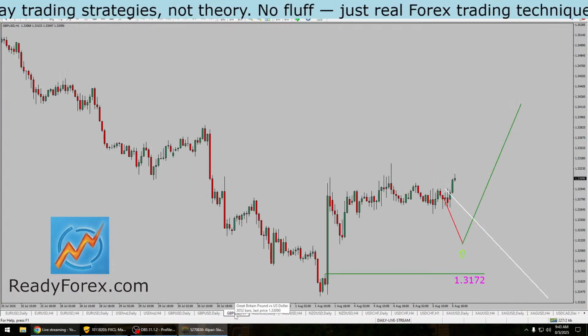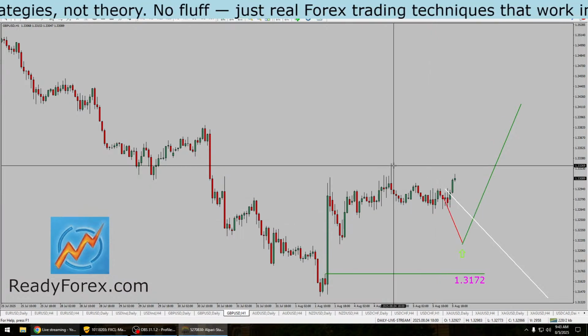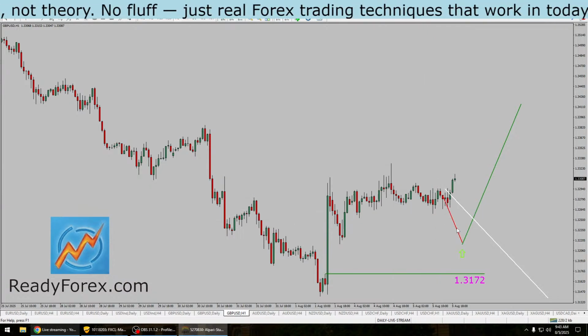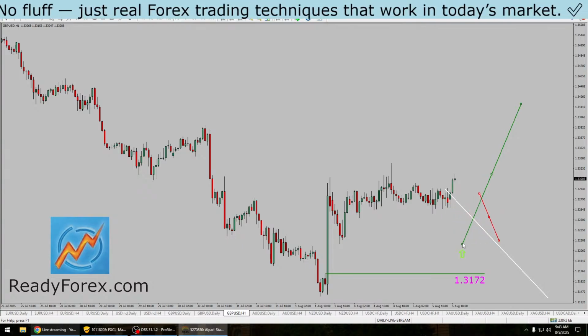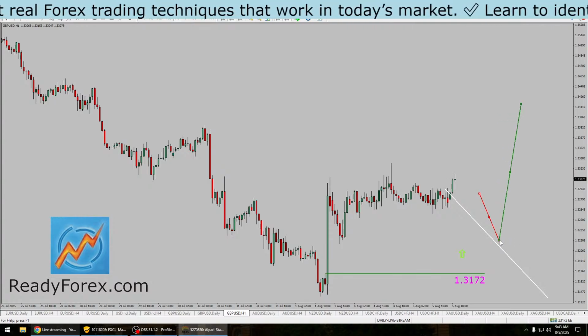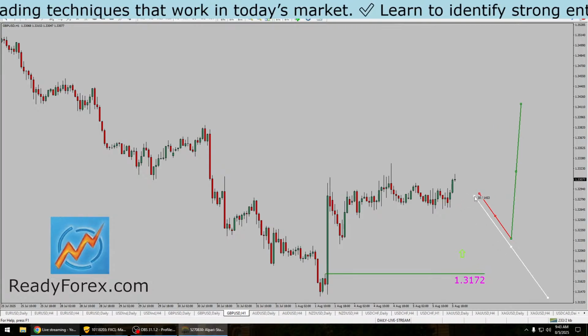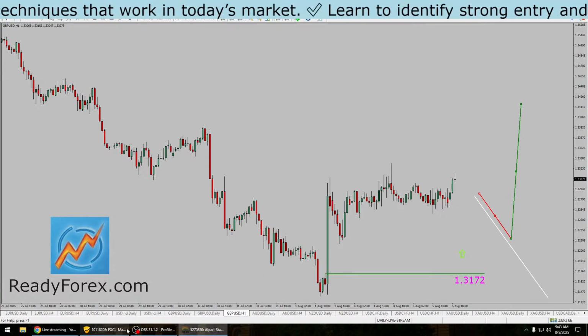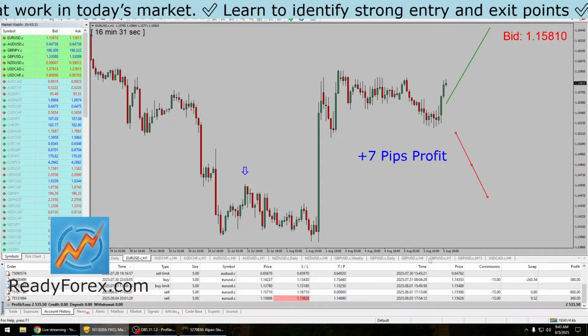If you take a look at the 1 hour time frame, so far it's still going sideways. We did not get a new high, so it's possible that the market is probably going to drop one more time. Currently it's going sideways actually. There is one idea that I do have in my mind regarding the GBPUSD over here.